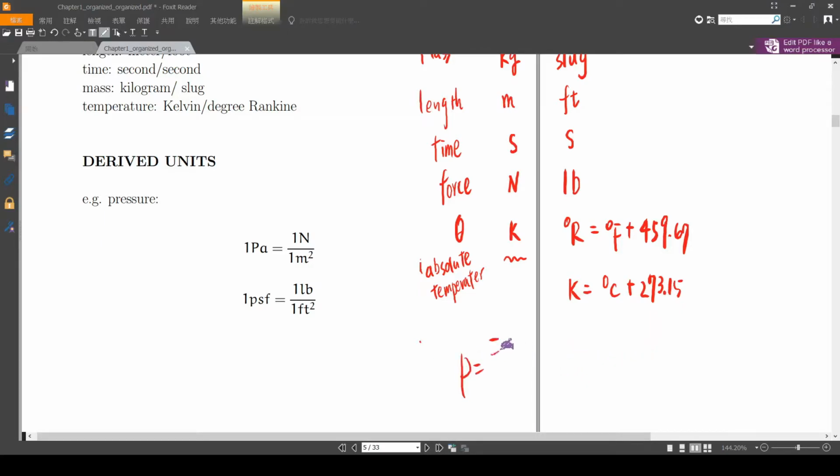Pressure equals the force per unit area. So the unit of the force in the SI system is the Newton, and the area is equal to the length square, so it's the meter square. Then you can just find the unit of the pressure, the Pascal, right?